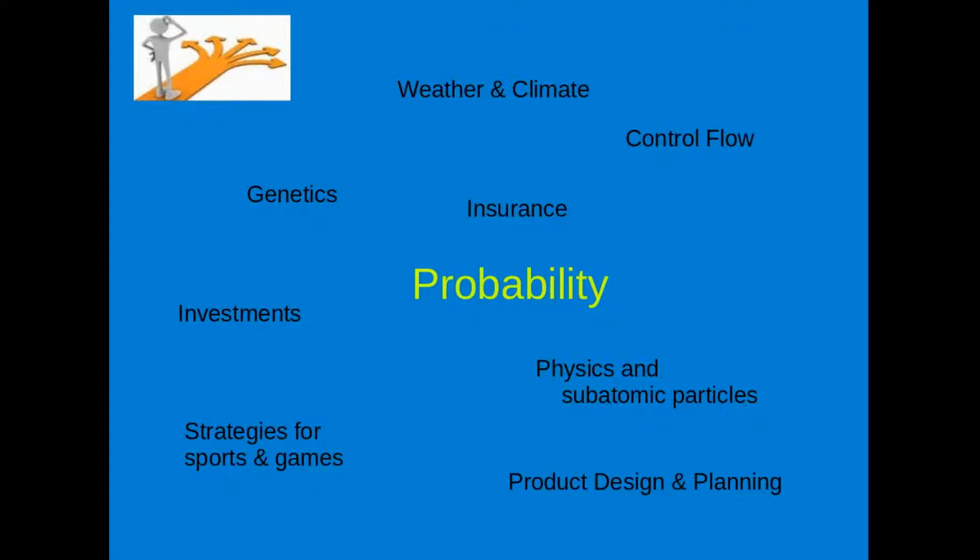Strategies in sports and games, things such as weather and climate, the control or flow of information or things such as traffic on the street or electrons in a computer chip, or the flow of information through a social media network or through a network of people in real life.